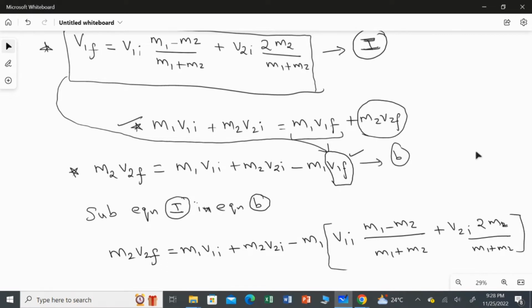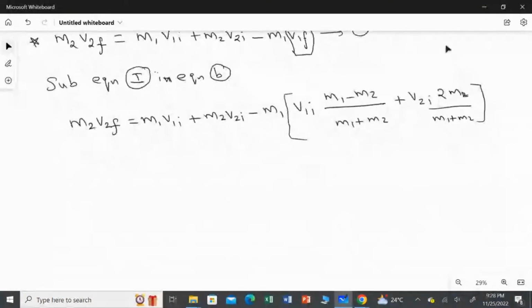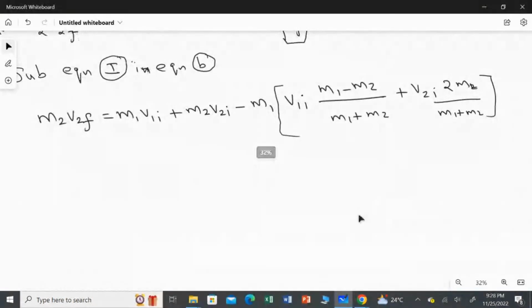Now we have to deal with this equation very carefully because I'm going to take it as our main equation, and we are going to rearrange it very carefully. I'm not going to touch the left-hand side; I'm going to write it as it is, M2 V2 final. I'm going to play only with the right-hand side of the equation.